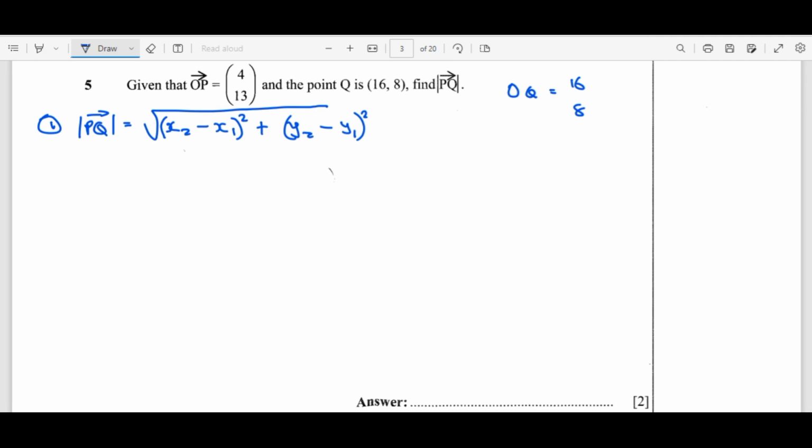So in this case, we have these coordinates. This is x1 and we have y1 there, and then we have x2 and y2 there.